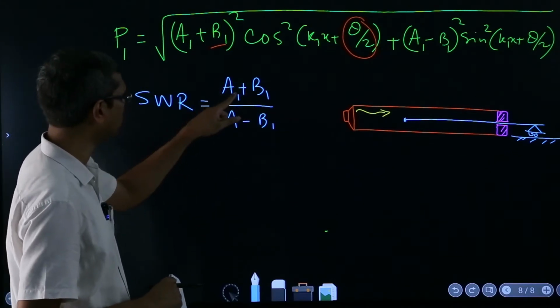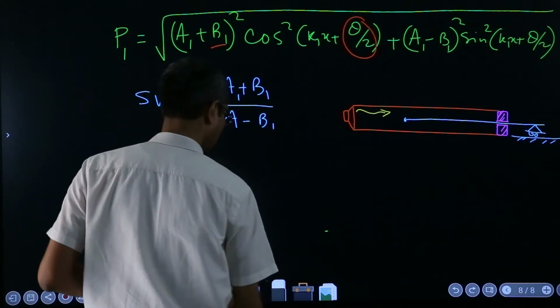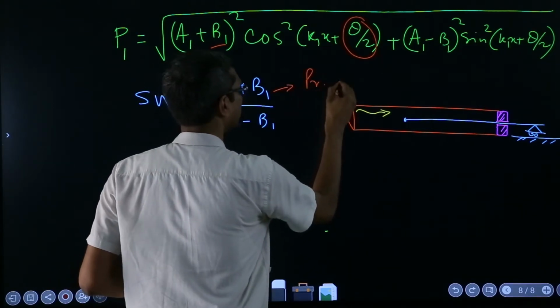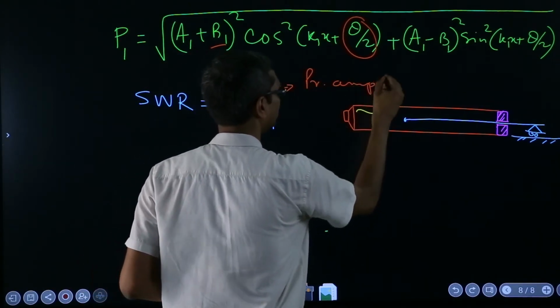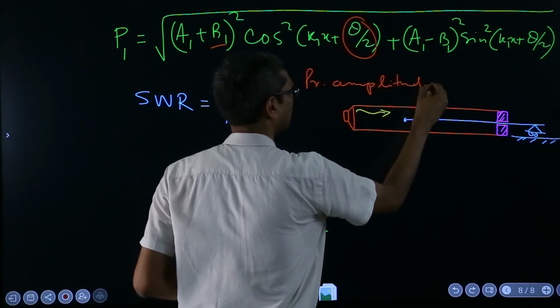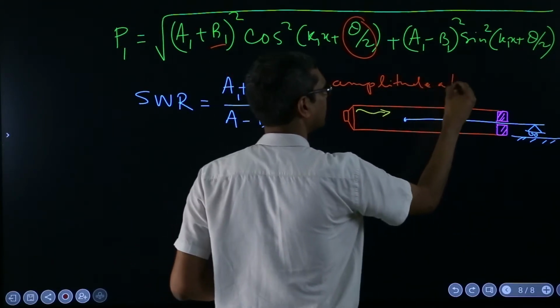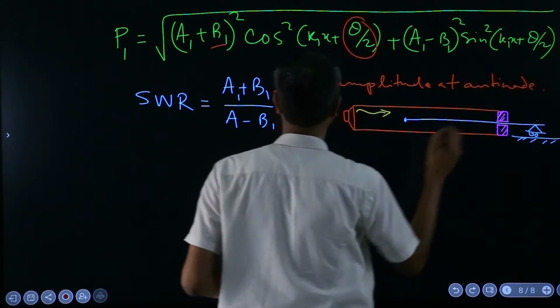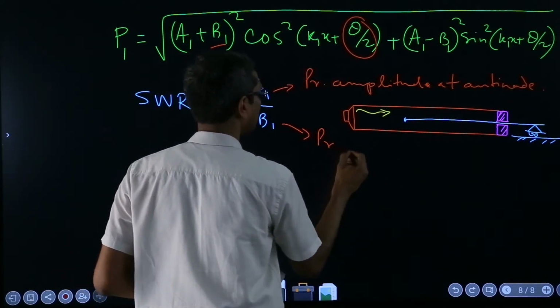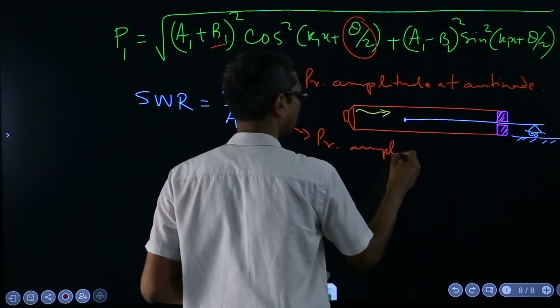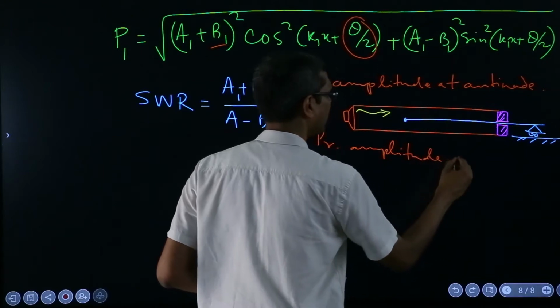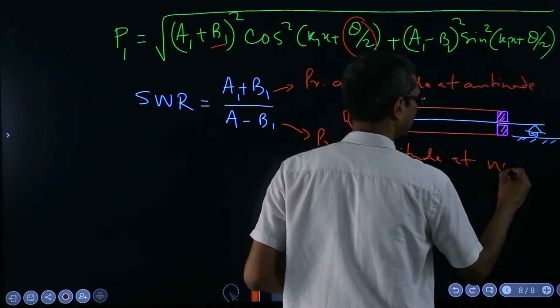It is the ratio of the pressures. So you can write it here: it is the pressure amplitude at antinode, and this is the pressure amplitude at node.